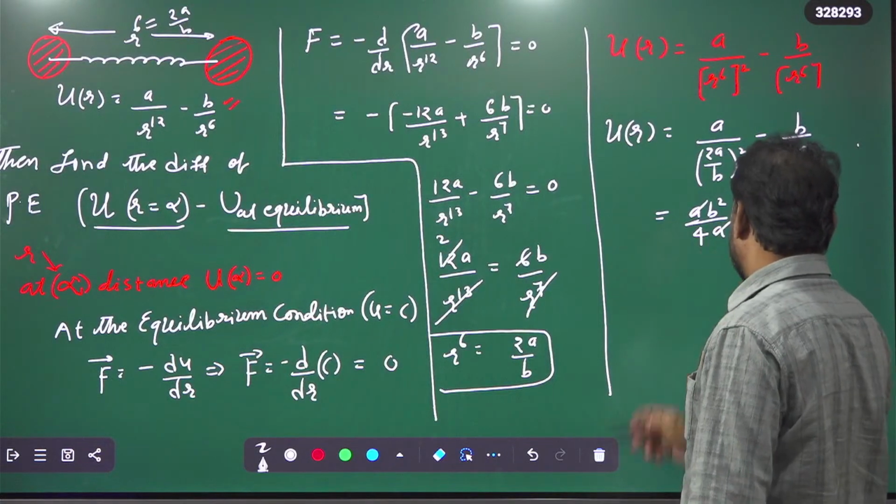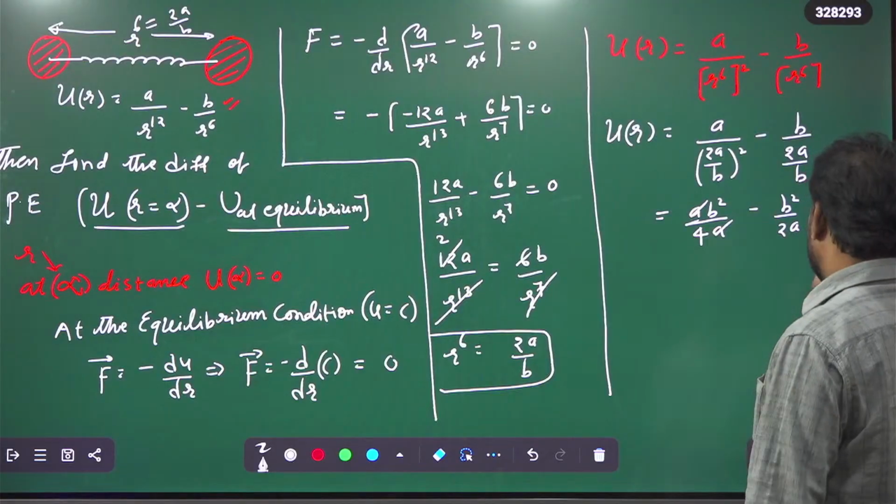The a gets cancelled out, and this will be equal to minus b square by 4a.